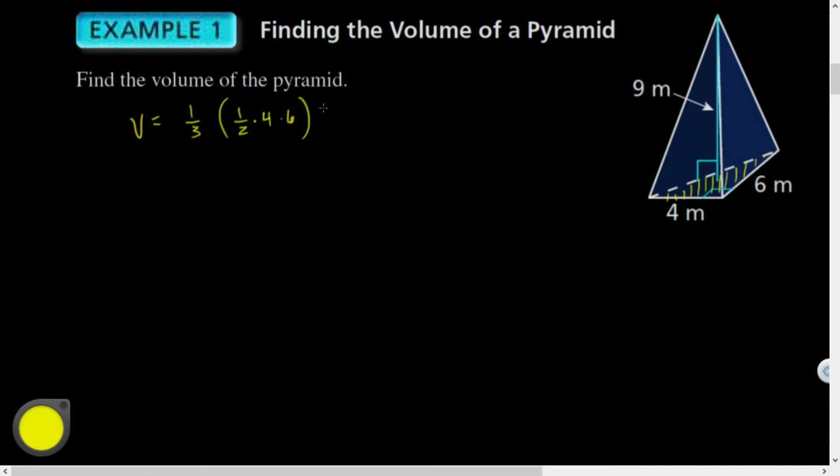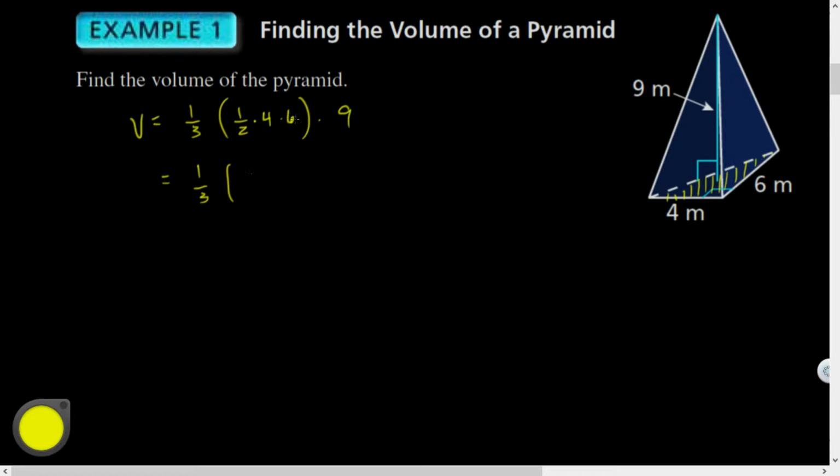I've got multiple heights going on here, I realize. I'll write this out.